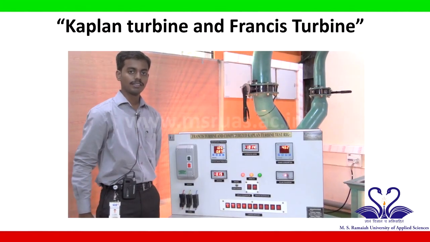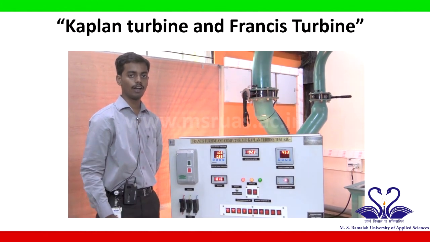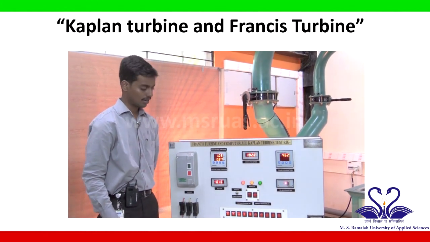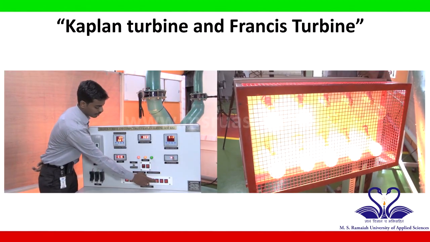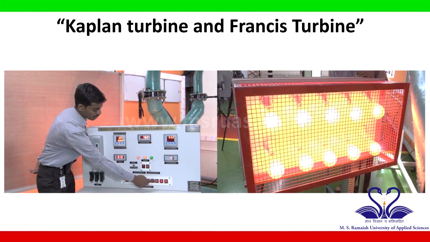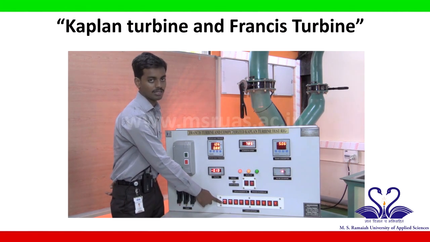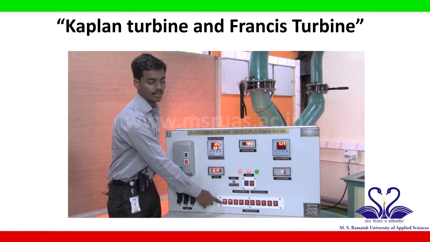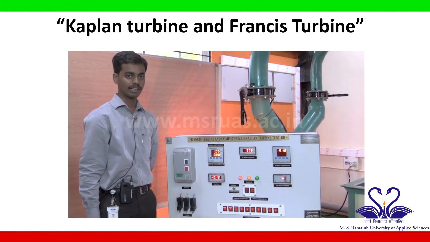Now the same experiment can be conducted for different loading patterns, that is, switching on another few bulbs. Now I have switched on all the 10 bulbs, so this is 100% load. The same readings can be taken at this loading as well.